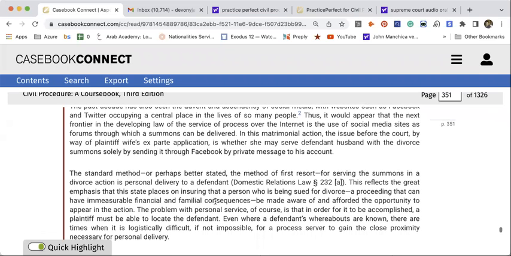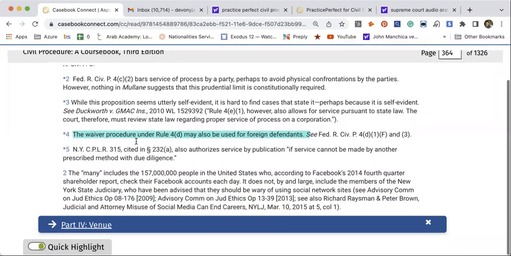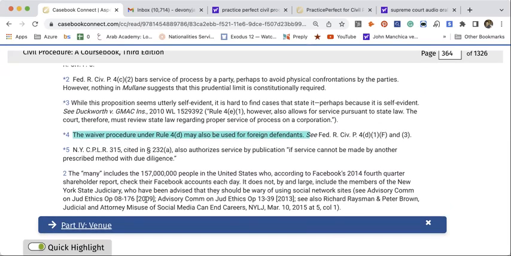Facebook and Twitter occupying a central place in the lives of many people. The many include the 157 million people in the United States who, according to Facebook's 2014 fourth quarter shareholder report, check their Facebook accounts each day.